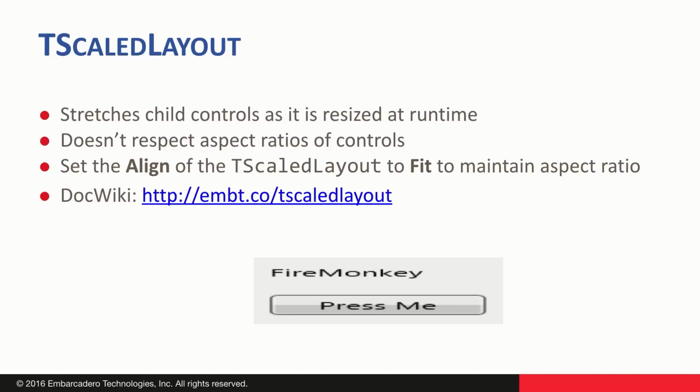This is something that long ago in VCL, I saw a lot of people loved a third-party component that did something similar to this. And what it does is you put down a scaled layout, and it stretches the children controls as it is resized at runtime.